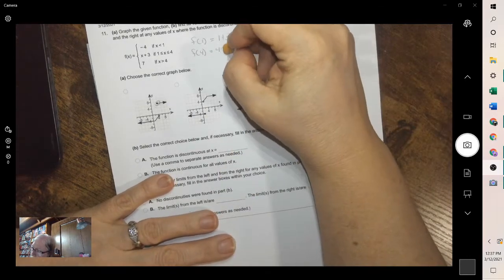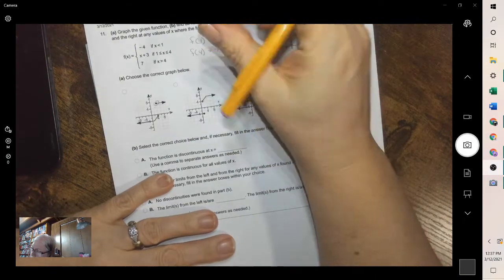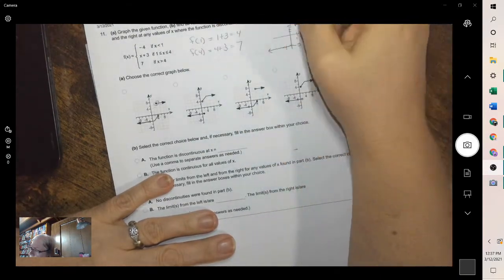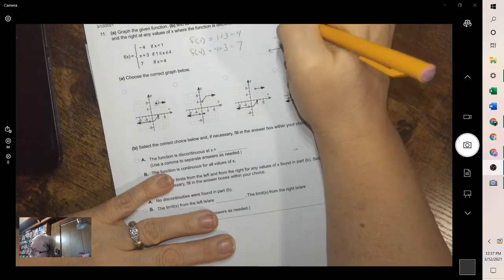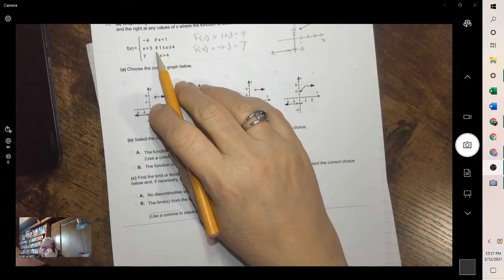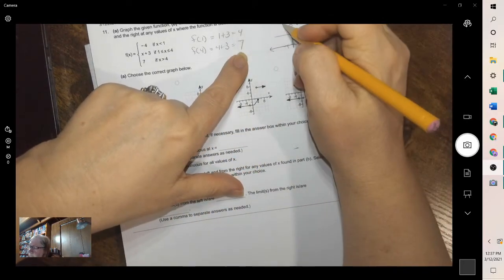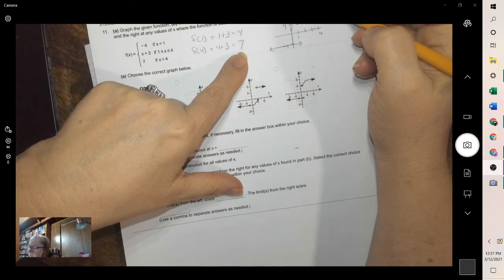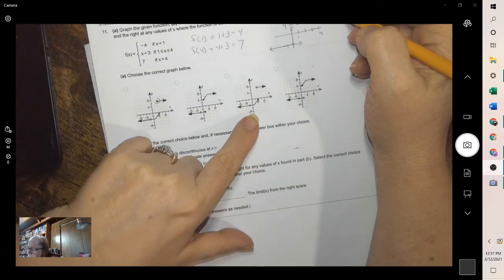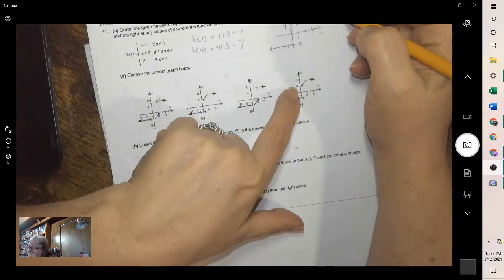Darn it. It should be a 7 because it was x plus 3. So it goes from 4 to 7.